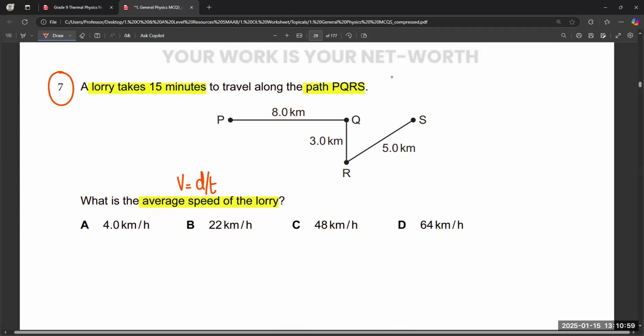Initially the body covers 8 kilometers, then 3 kilometers, then 5 kilometers. So these are three values covered by the body. To find the total distance, we need to add them, and time is also given, right? So you try to find the speed.